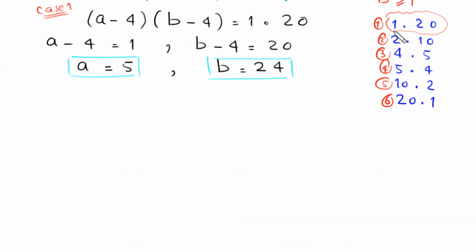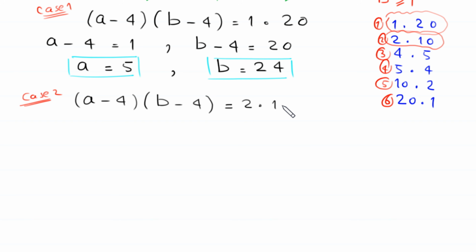In the second case we write this 2 times 10. In case number 2 we write these factors: a minus 4 times b minus 4 equal to 2 times 10.